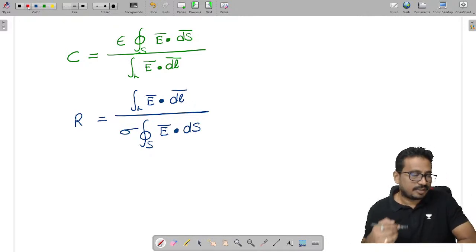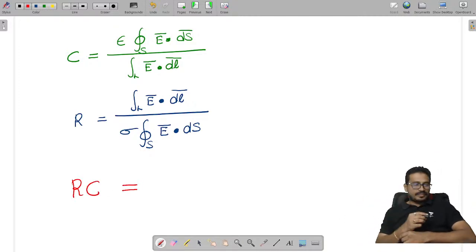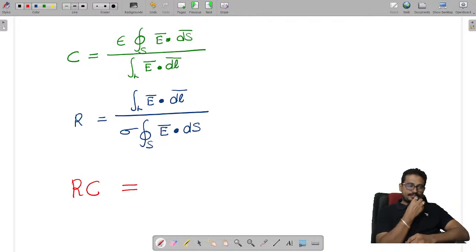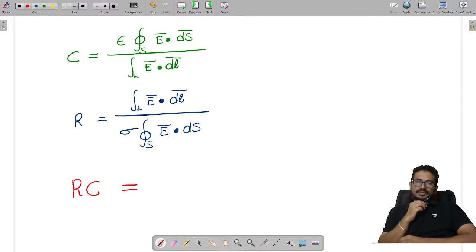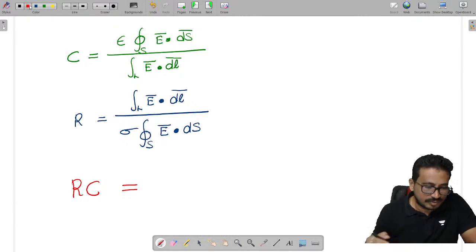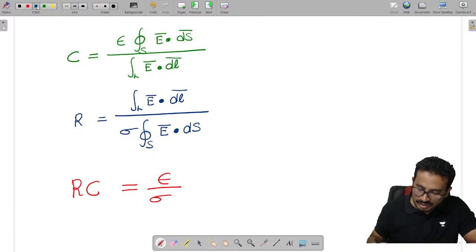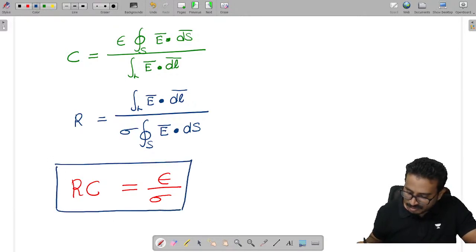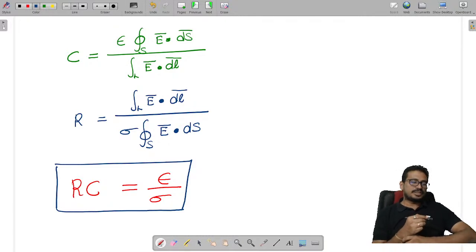Now all of you have to answer together. If I multiply these two, what will we get? Check the left side and the right side. We will get epsilon by sigma. So RC is equal to epsilon by sigma.